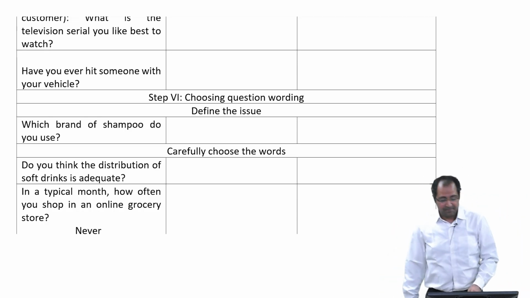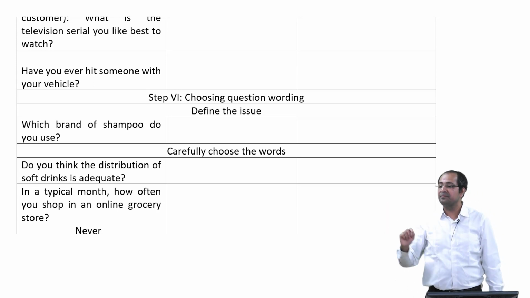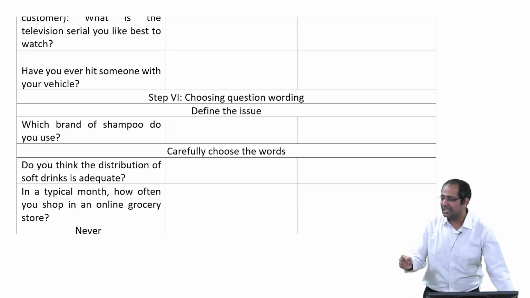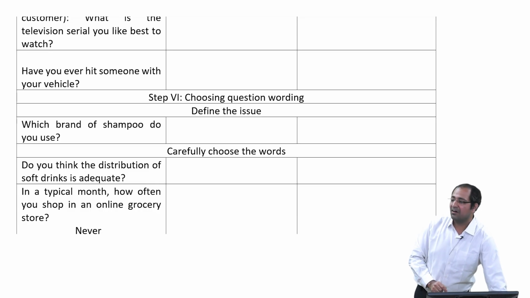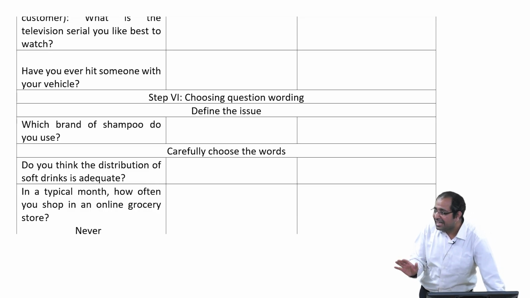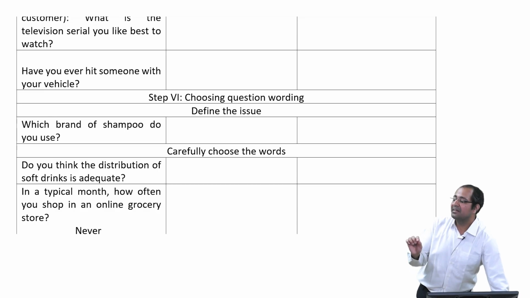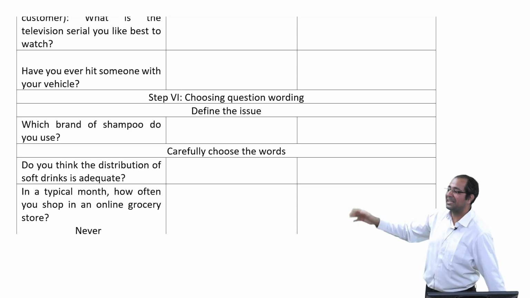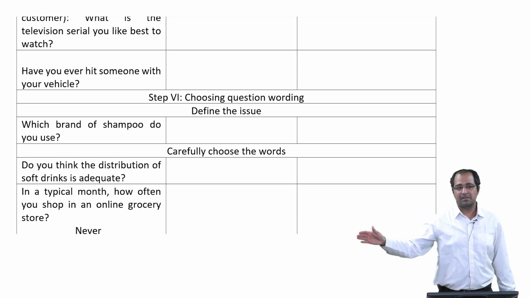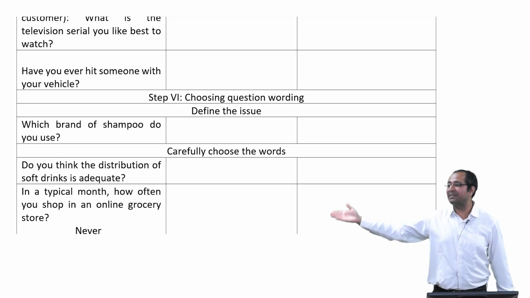One way is to say that in a recent survey it was observed that 80% of drivers having a license have hit someone at least once after they obtained the license.